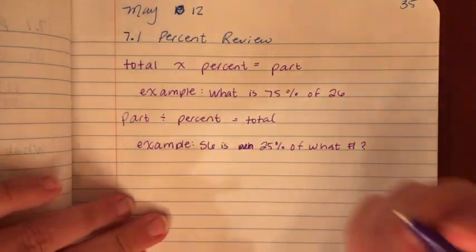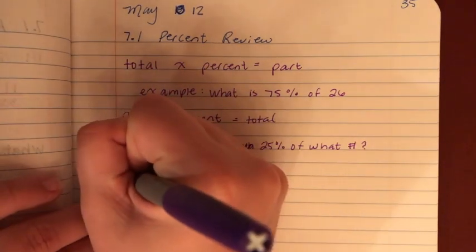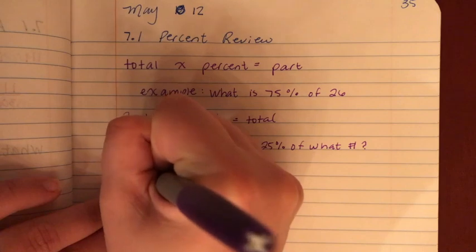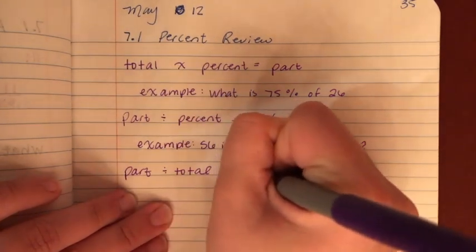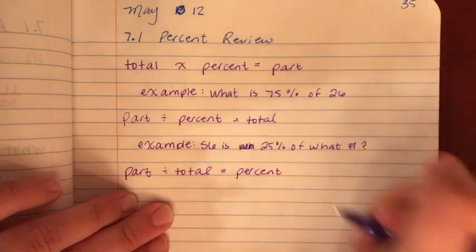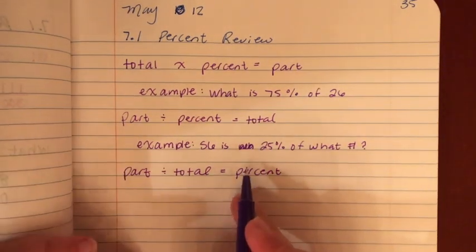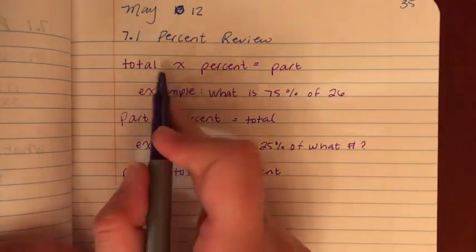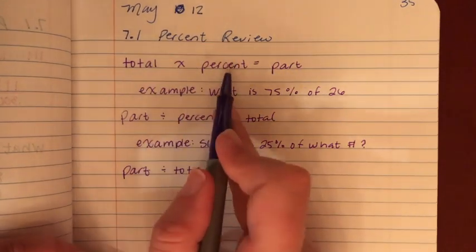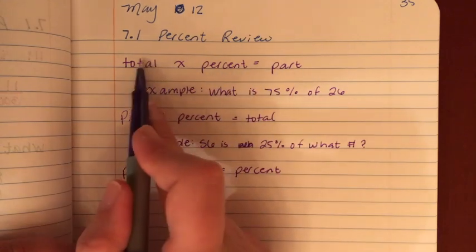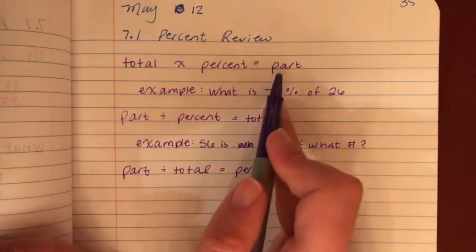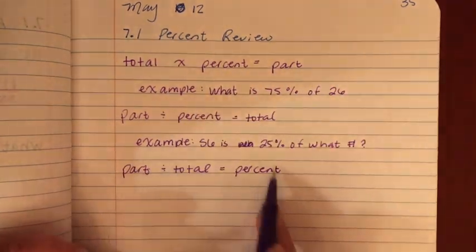So then the last one is going to be the part divided by the total equals the percent. And obviously here, percent, we would want to convert it back to a percent. But again, if we look at our original equation, the total times percent equals the part. If I'm trying to solve for the percent, I'd divide both sides by total, and I'd get part divided by total equals percent.